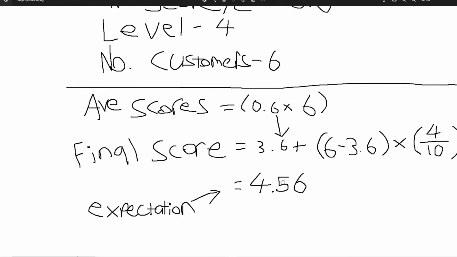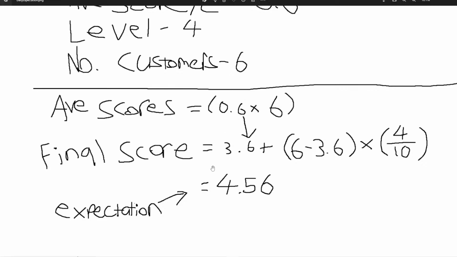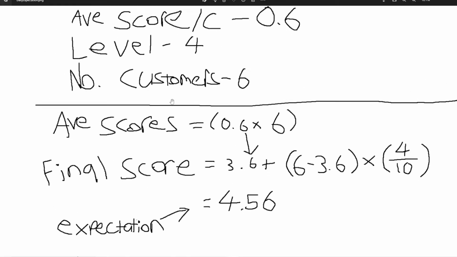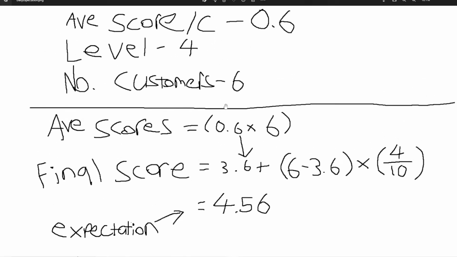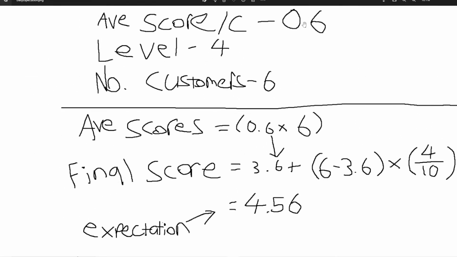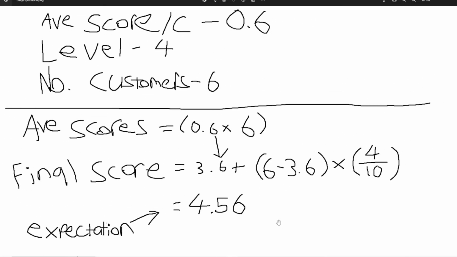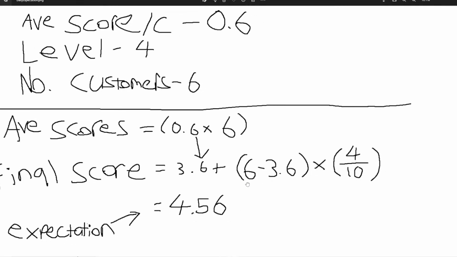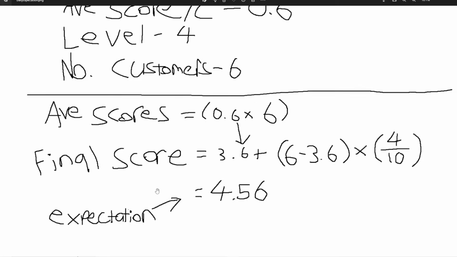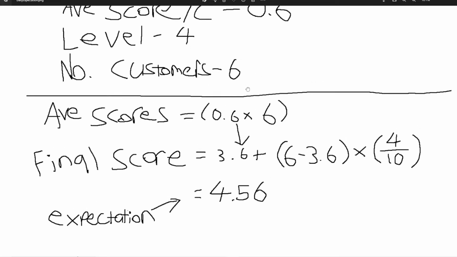Then you make another variable called final score, and what I do here is I take the average score per customer times the number of customers for the day. Then I minus the number of customers minus the score, so that will be plus that. And then this just says the level divided by 10, and then that gets 4.6.